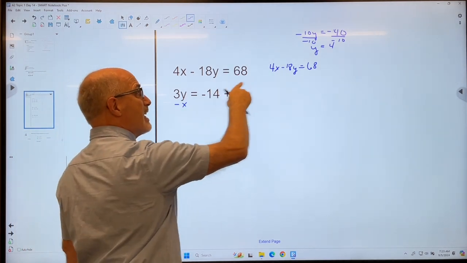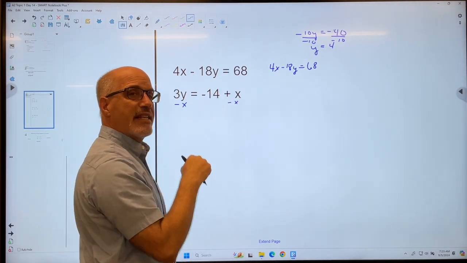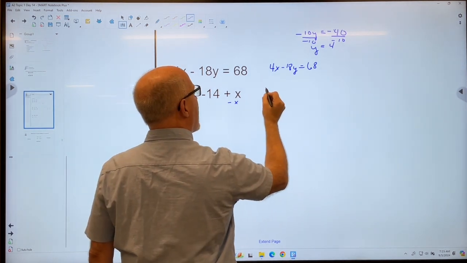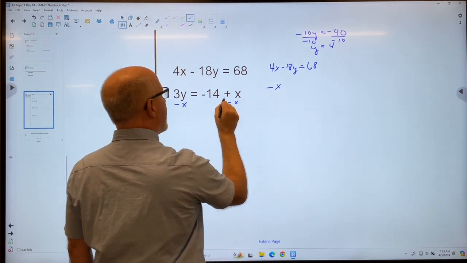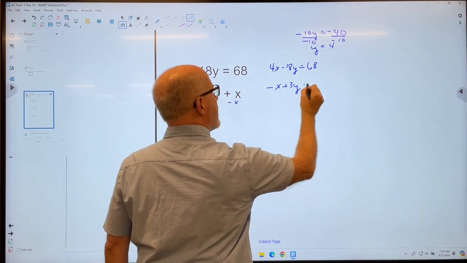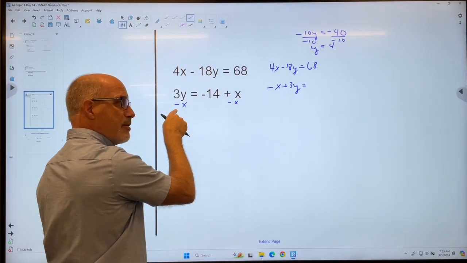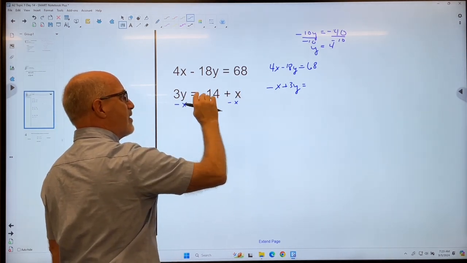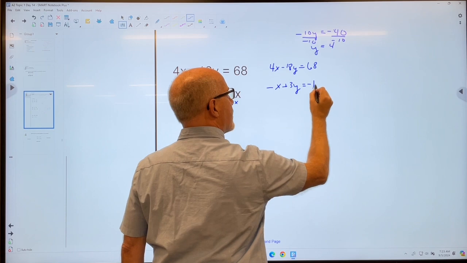And since I want the x's to line up, I'm going to write the negative x first, the opposite of x first. So I'll have opposite of x, and then I'll have plus the 3y. Notice the 3 is positive, so the x gets the opposite, the 3y is a positive there, and then I have a negative 14 on the other side.